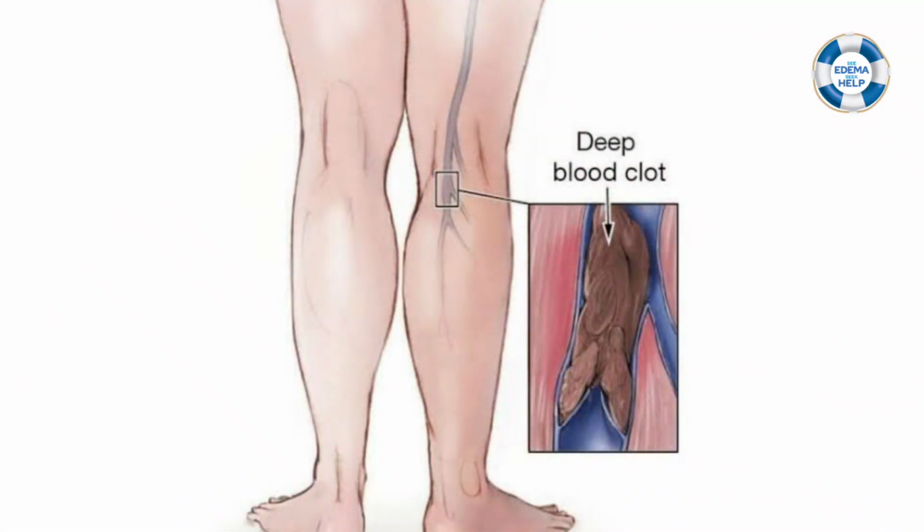Apart from that, there could be local causes like an infection. If you have an infection in any part of your body, it can result in swelling and edema. Other important causes are clotting of blood in any of the veins in the lower limbs, which can result in localized swelling and pain.